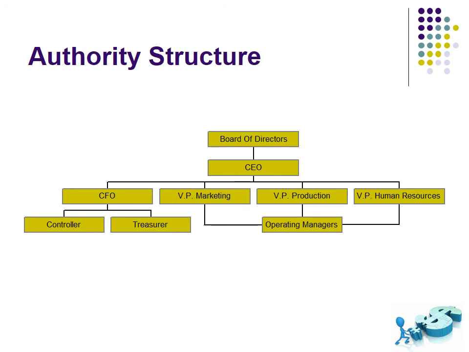For us, our concern is this area over here. We're concerned about who and what are the roles and responsibilities that report to the Chief Financial Officer. In particular, we're looking at the controller and we're looking at the treasurer. And they each have significant uniqueness to their role within the company structure.